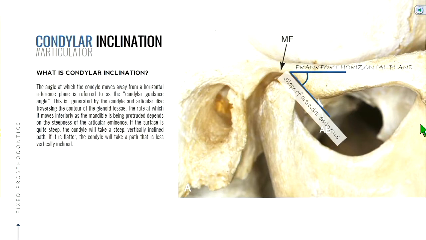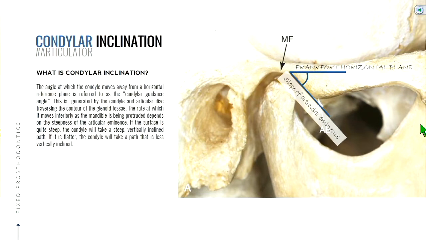So what makes up an angle? Well, you got to have two lines for an angle to exist. What are those two lines? One line is a Frankfurt horizontal, which is represented by the line through the external auditory meatus, which is basically your ear, and then your orbital, right?